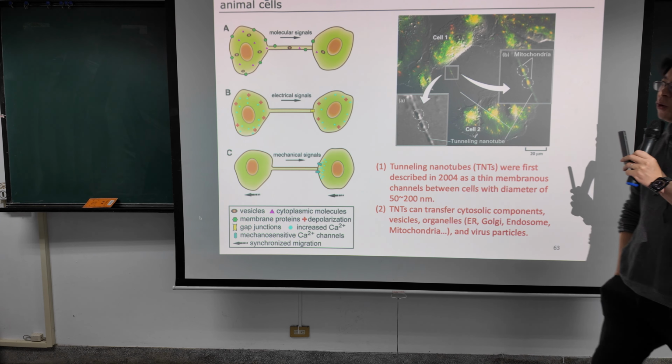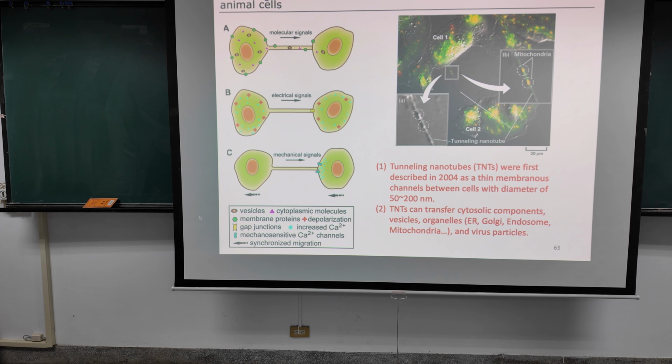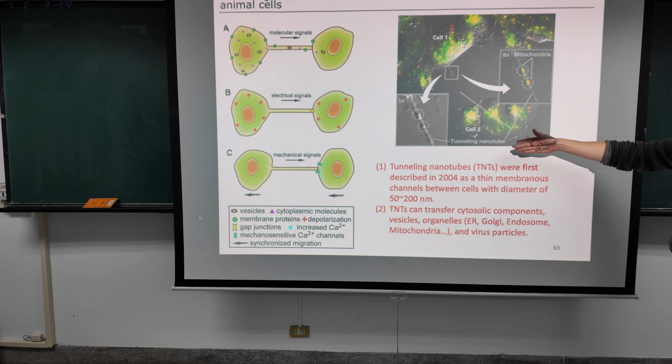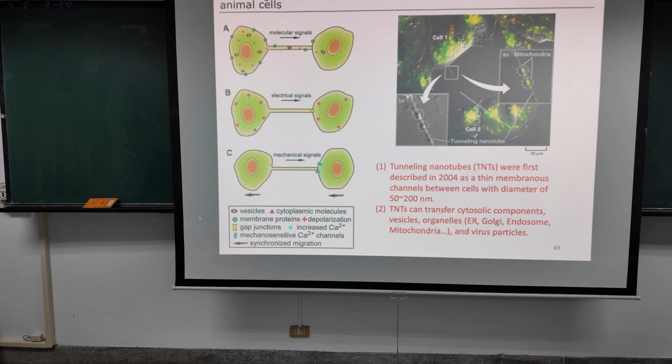For the animal cell, we recently have a special structure called the tunneling nanotube, TNT. It was first described in 2004. It is a membrane-based structure with a diameter of 50 to 200 nanometers.